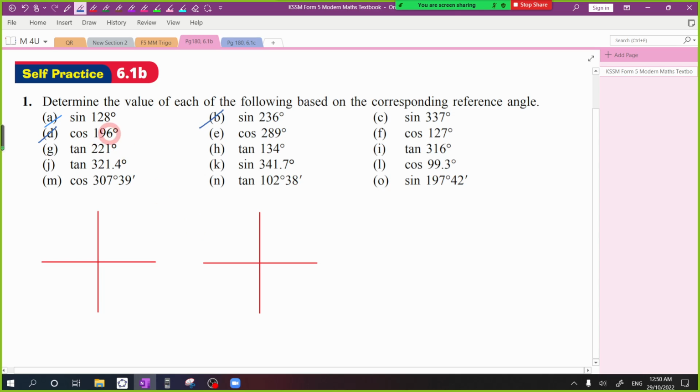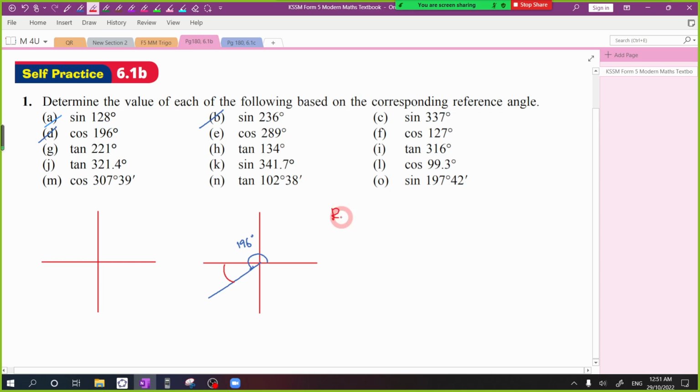196 degree, cosine 196 degree. Same thing, the first step is to sketch the angle 196 somewhere around here. So the corresponding angle is the angle between the x-axis and the terminal side.